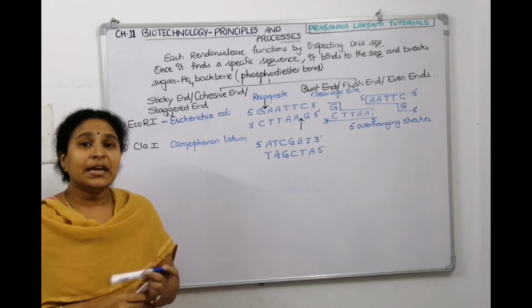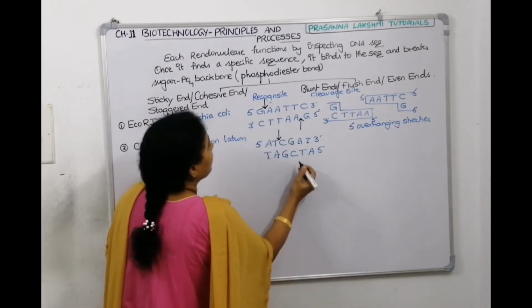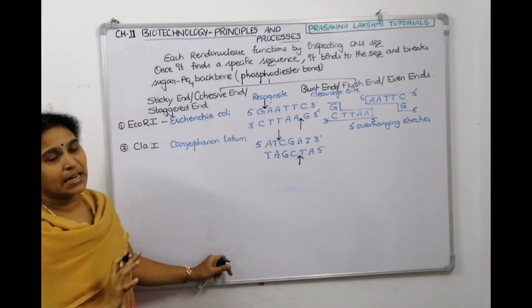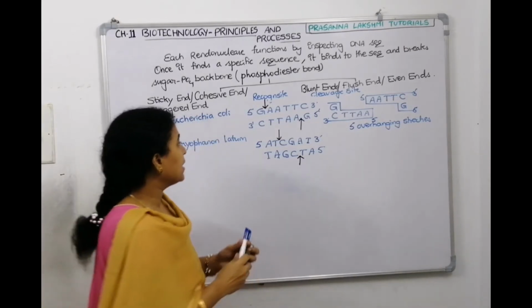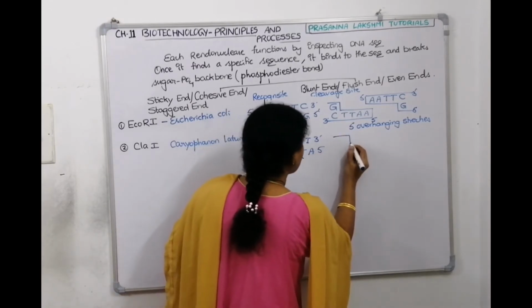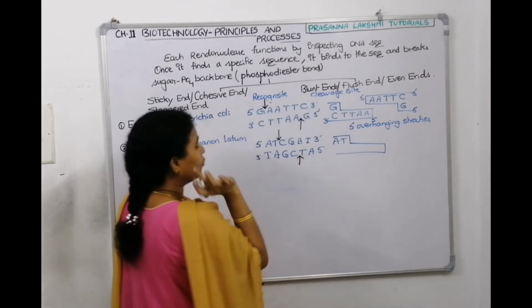And where does it cut? It cuts after AT here, that's the cleavage site. How does it generate the fragments? Let us see. It generates the fragments when it cuts like this. A, T will be together.